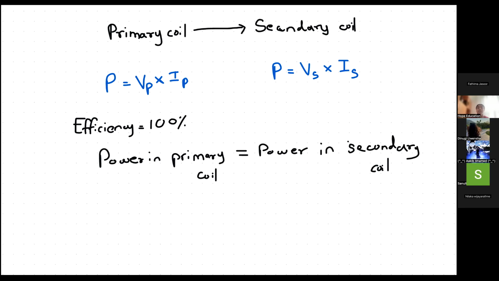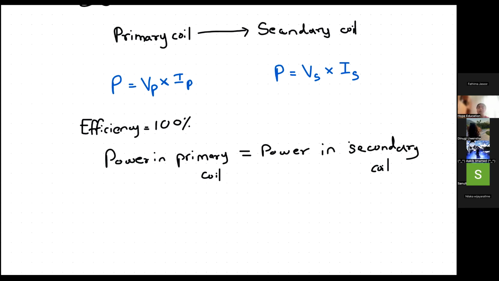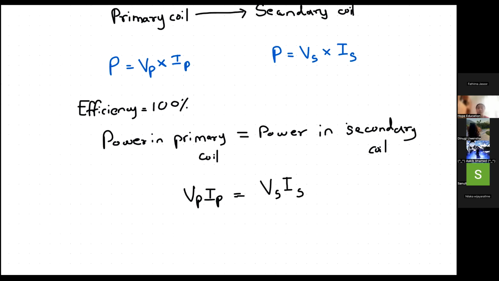Power in the primary coil is VP multiplied by IP. Power in the secondary coil is VS multiplied by IS. So instead of power in the secondary coil, I write VS IS. This is also a very important equation that you come across in electromagnetism.